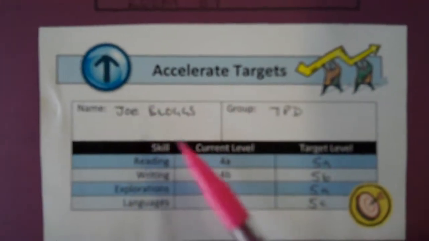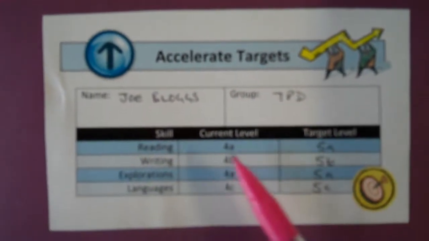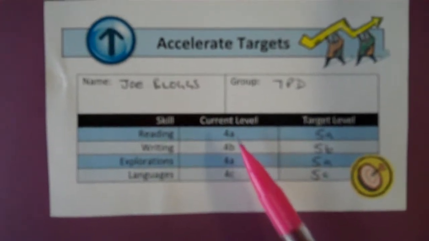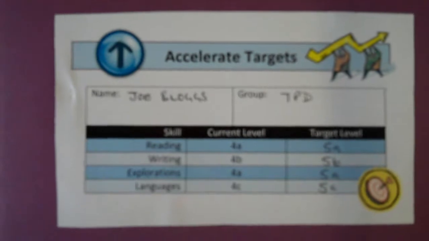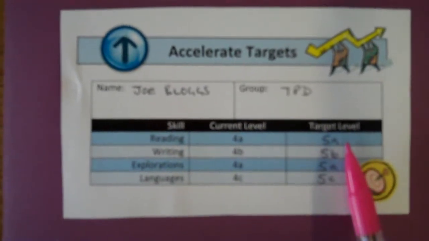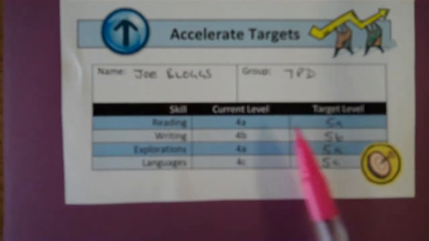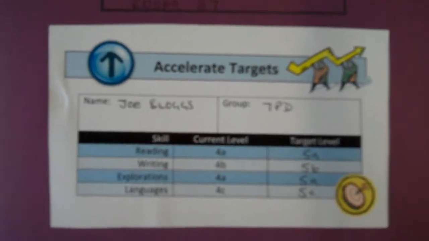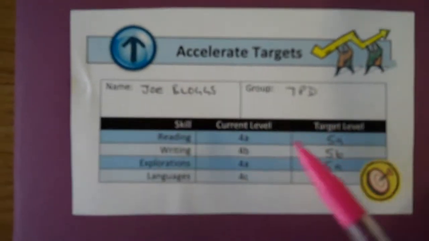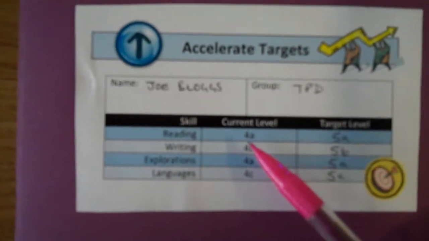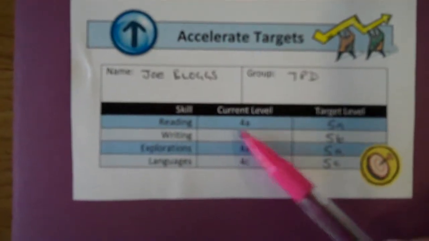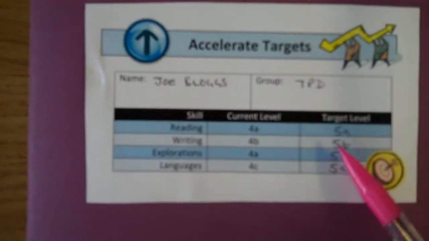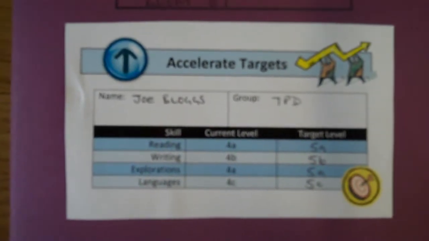I've got name, form, and then the different components of that project and the level that they achieved at the end of Key Stage 2, and then their target for that project, which represents one full level's progress through the course of the year. So that's the key information. As students progress and increase their current level, that could easily be struck off and updated to show how they're progressing towards this target level.